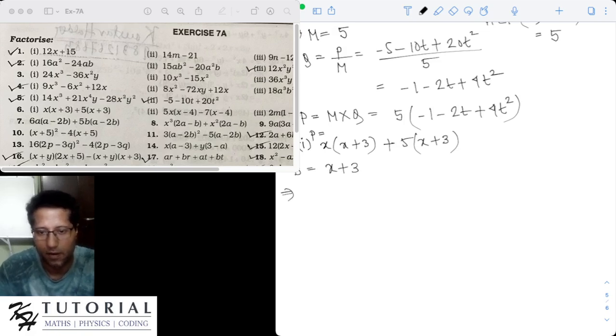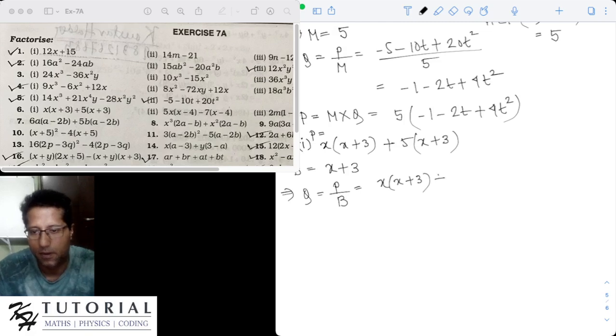Now we will find q, which will be the given polynomial p divided by the common binomial b, which is equal to (x into (x + 3) plus 5 into (x + 3)) whole divided by (x + 3).